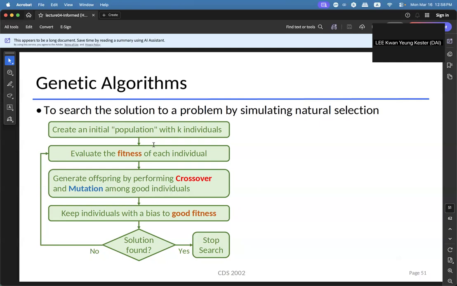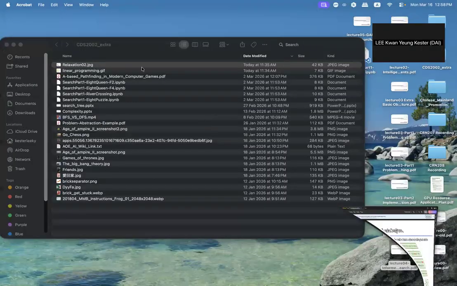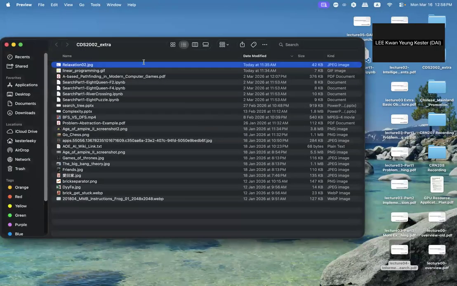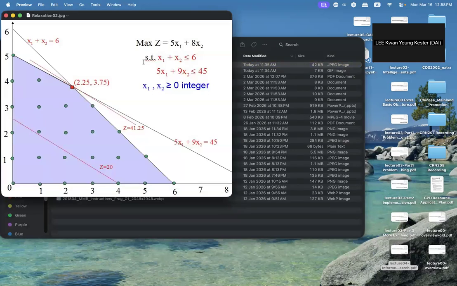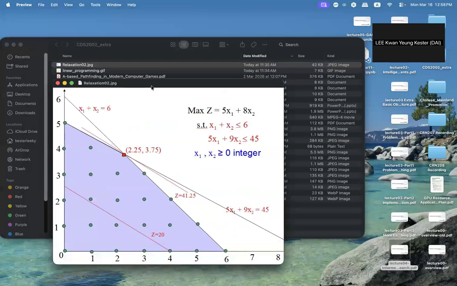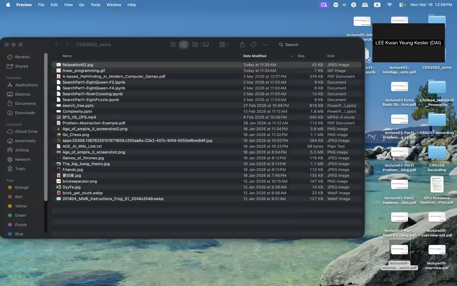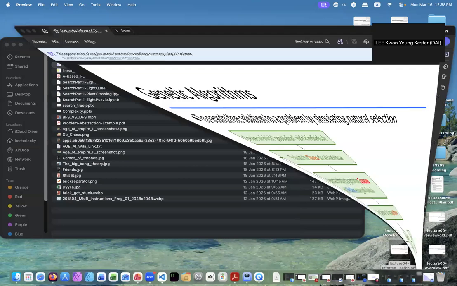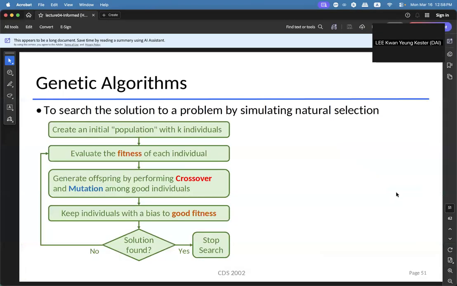Remember when we were talking about solving linear programs, we were finding a way to explore all the possible variable configurations that are available, and we find the maximum value. We have been talking about two different ways to do so, and the third way is quite different from the design.